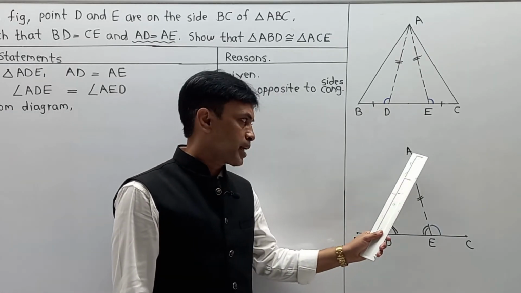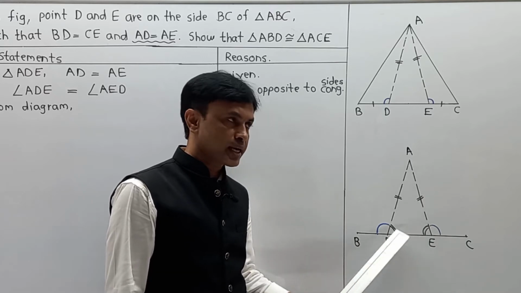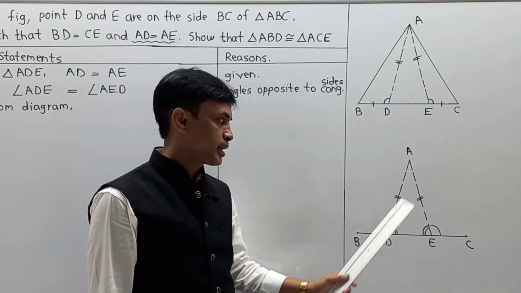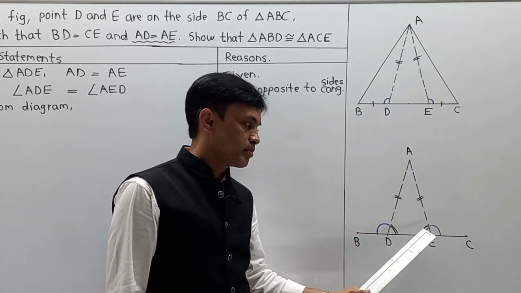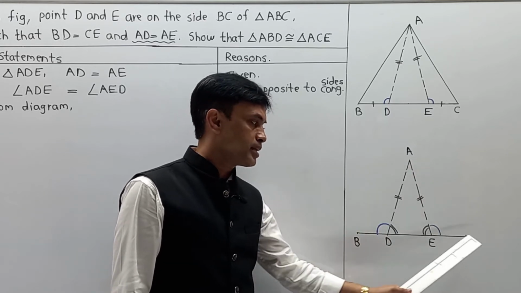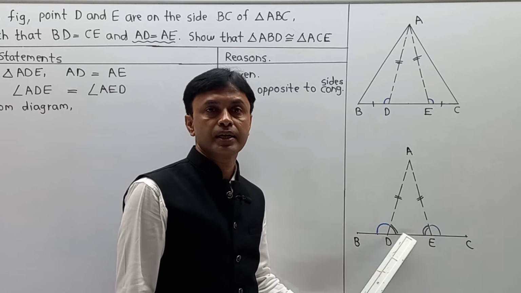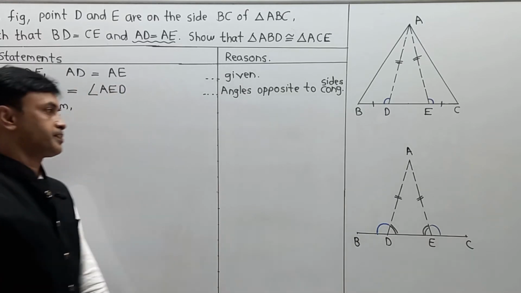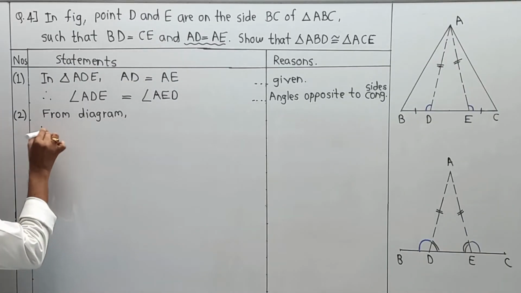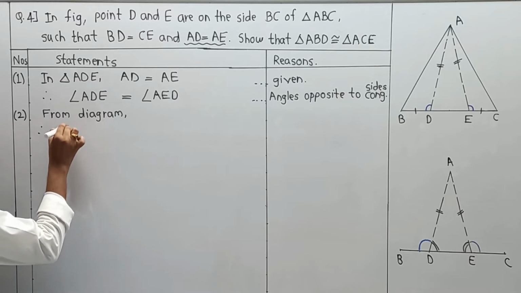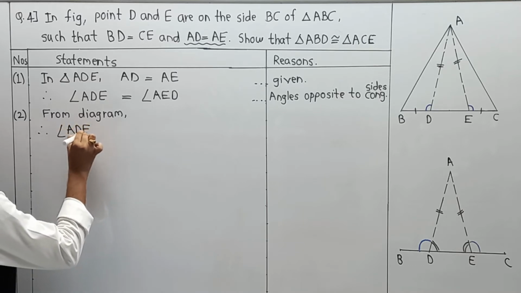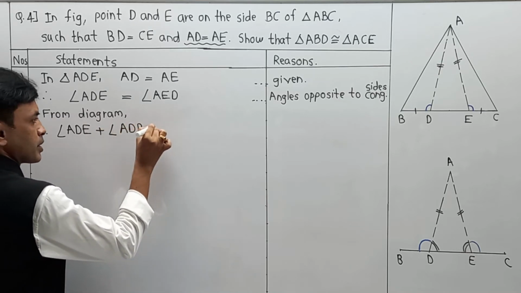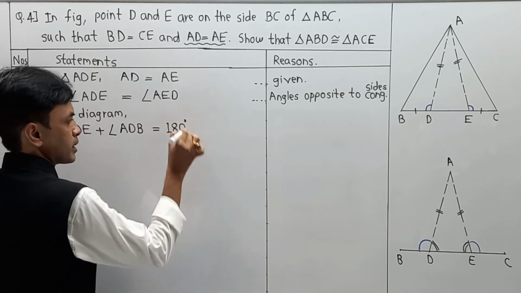Here I am going to write the part: angle ADE plus angle ADB, the addition of these two is 180. Next, angle AED plus angle AEC is 180, because these are nothing but linear pairs. So angle ADE plus angle ADB is equal to 180 degree.